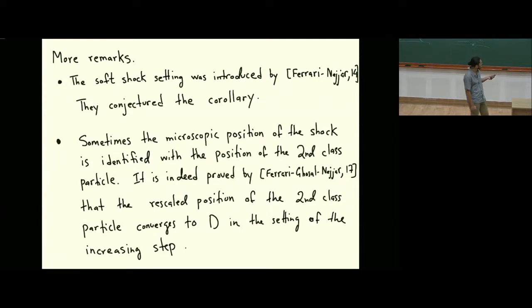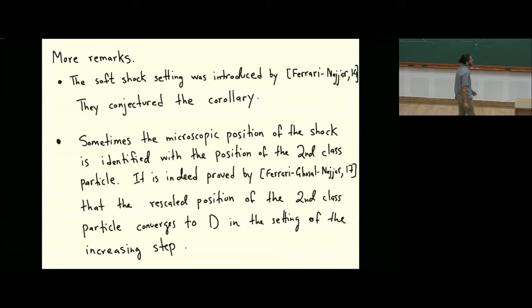And the second thing is that there is something called the second-class particle in TASEP. Oftentimes people take the position of the second-class particle as the location of the shock, just by definition. So if you start with this kind of density in the TASEP, and you put a second-class particle at the origin, you can ask, does it really follow the shock?